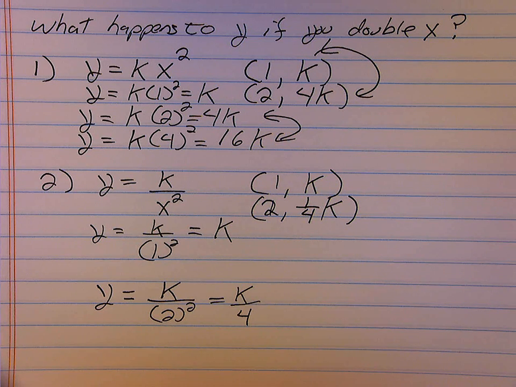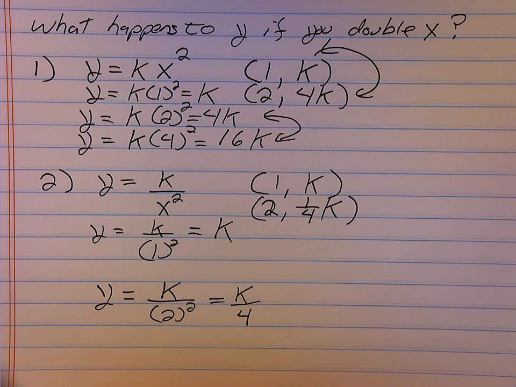So when I double the x value from 1 to 2, the answer is going to be the sentence: when you double the x value, the y value will be 1/4 the size. Couple ways we can say that in English.